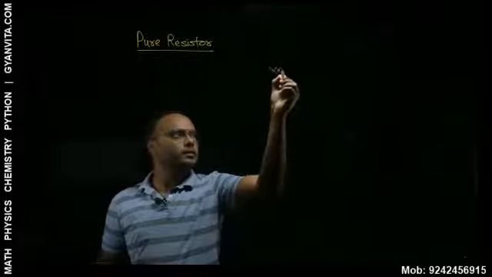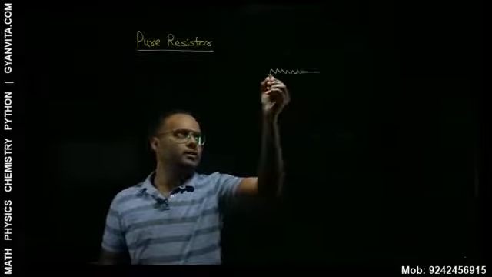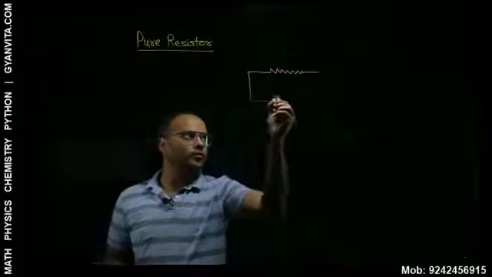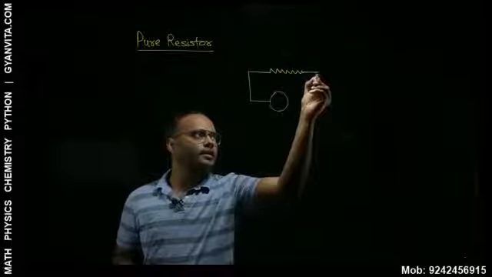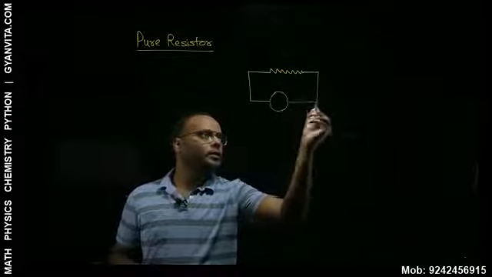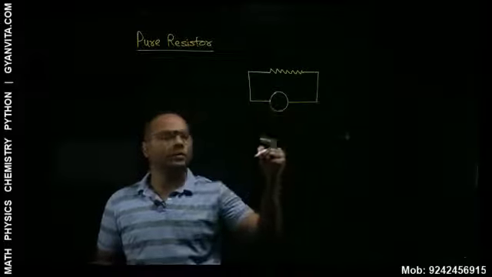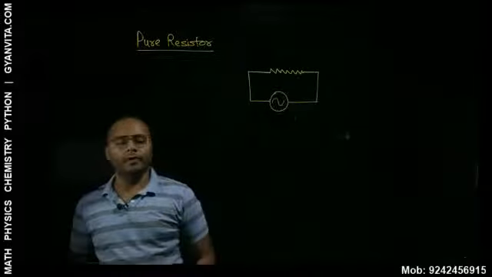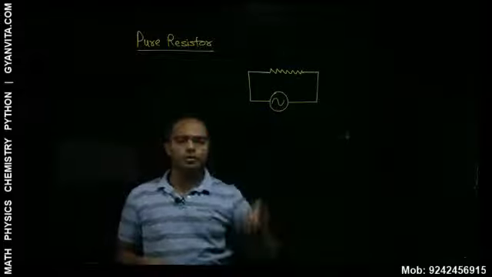So pure resistor means there is this resistor, and this resistor is connected to an AC supply. AC supply we are going to show like this: a circle, and in this circle a sine wave. So this represents the AC supply.